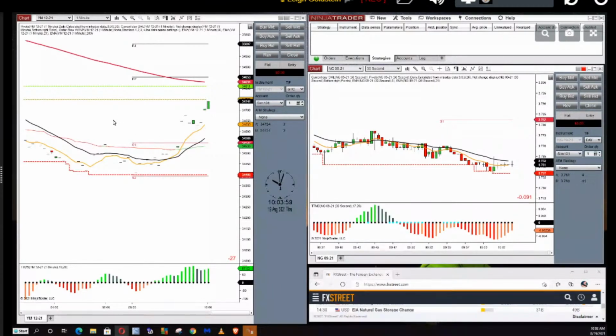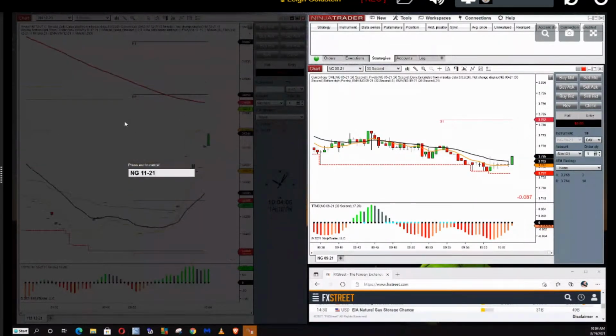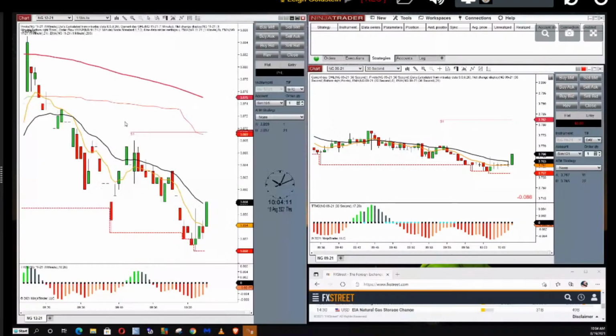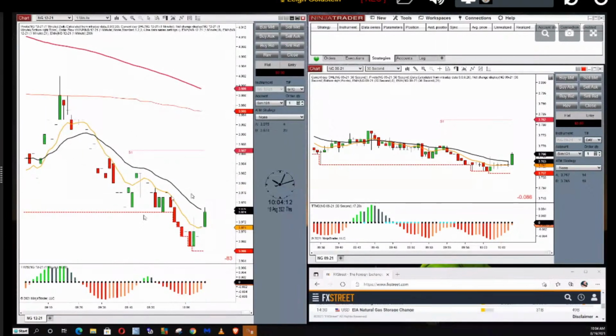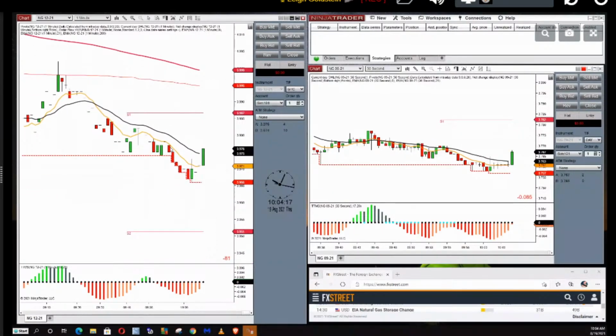But if you noticed that other natural gas chart, when you look at natural gas, was it 11? Let's see. Nope, it was 12. So if you look at natural gas 12, this chart's a little trickier. It almost looks like a normal chart, but not really. There's just too many unformed candles, okay?